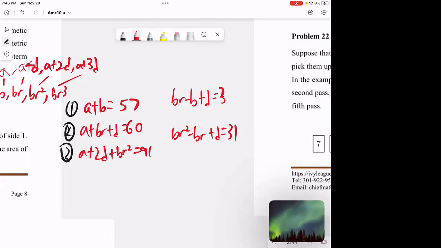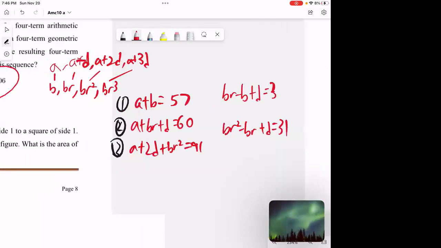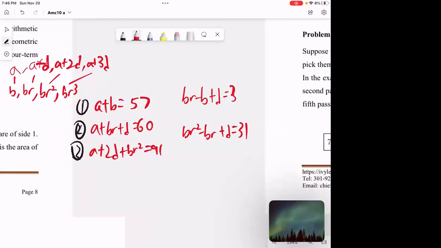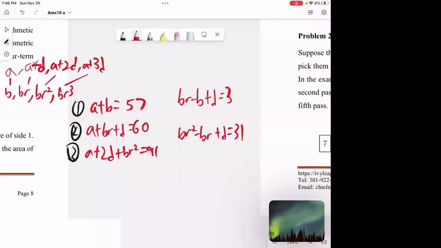Wait a second. Okay, yeah, I think that's right.